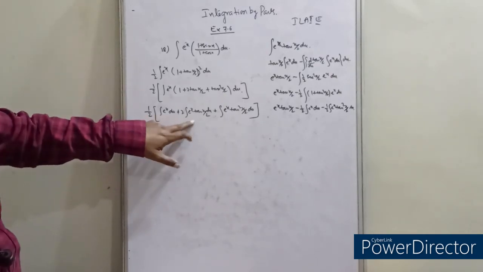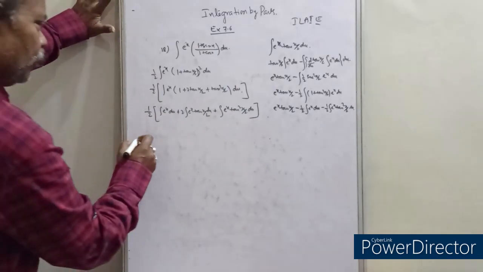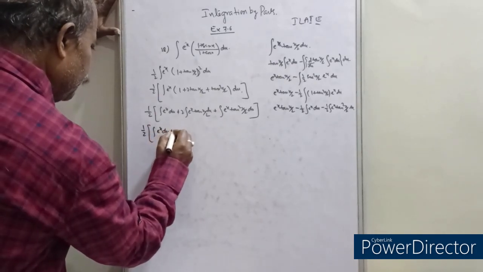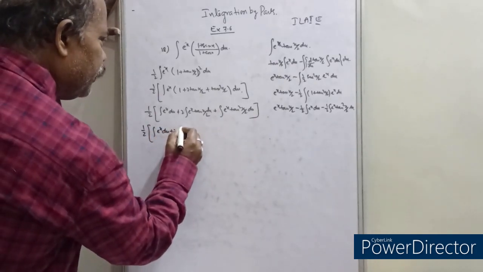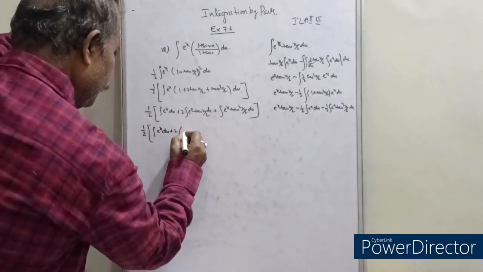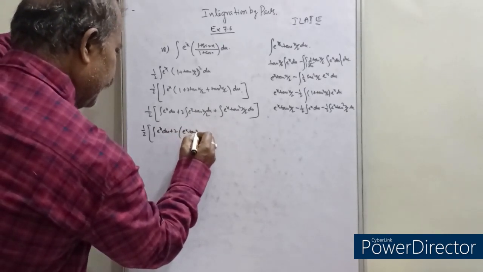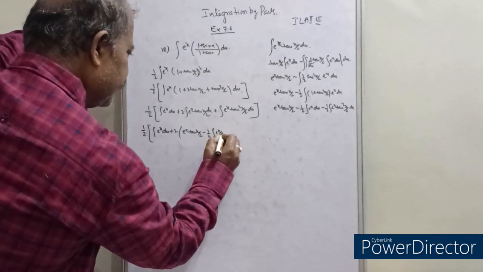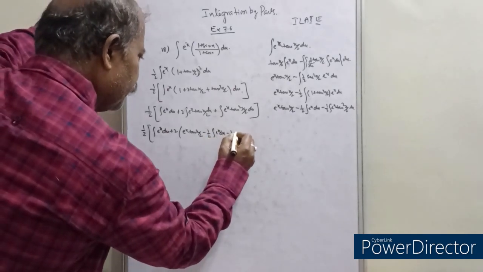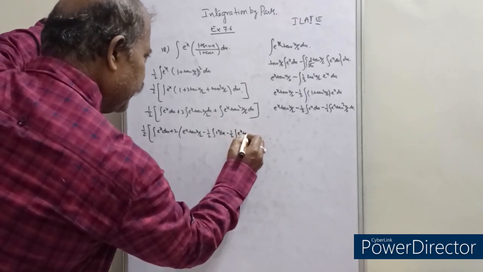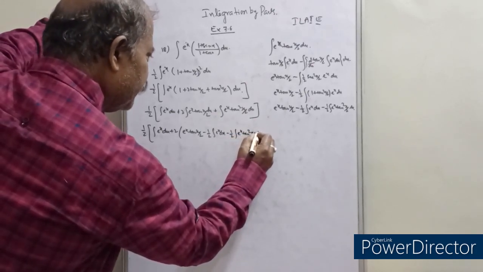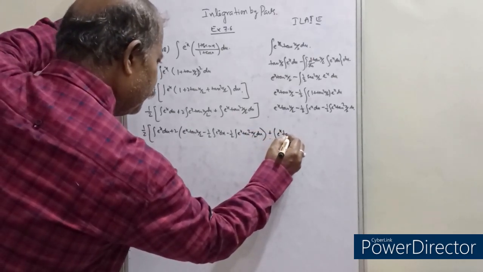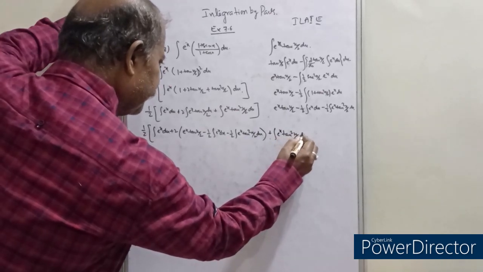So I am going to place this result here. So this will be 1 by 2 [e to the power of x dx plus 2 (e to the power of x tan x by 2 minus 1 by 2 e to the power of x dx minus 1 by 2 integration e to the power of x tan square x by 2 dx) bracket close and plus e to the power of x tan square x by 2 dx].